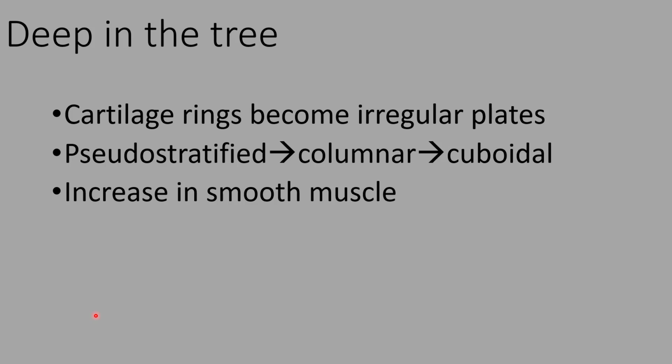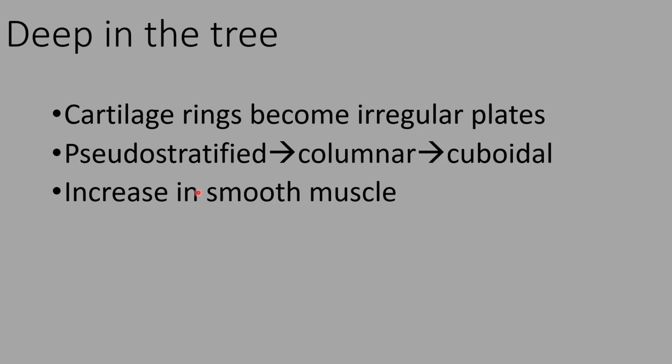So the deeper we go, the anatomy of these structures changes. Those C-shaped cartilages become cartilage plates that are spaced irregularly. Deeper and deeper, those irregular plates eventually become smooth muscle.